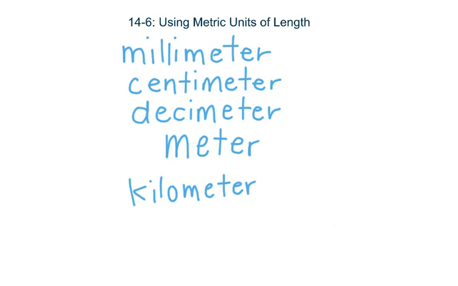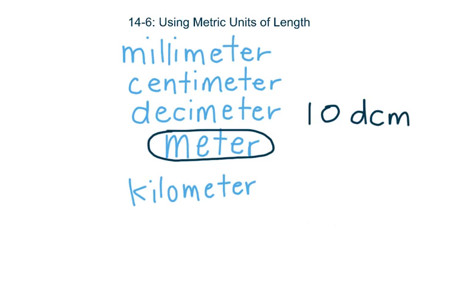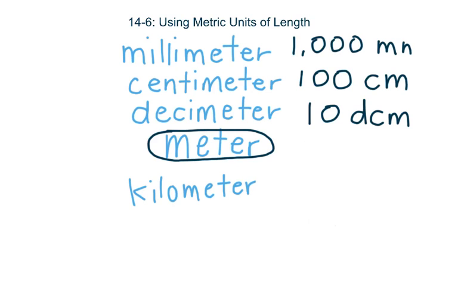However, one thing that is exact is how the units relate to each other. So let me tell you a little bit more. Let's start with a meter. That's our base unit. Inside of 1 meter would be 10 decimeters. Inside 1 meter would be 100 centimeters. And inside 1 meter would be 1,000 millimeters.